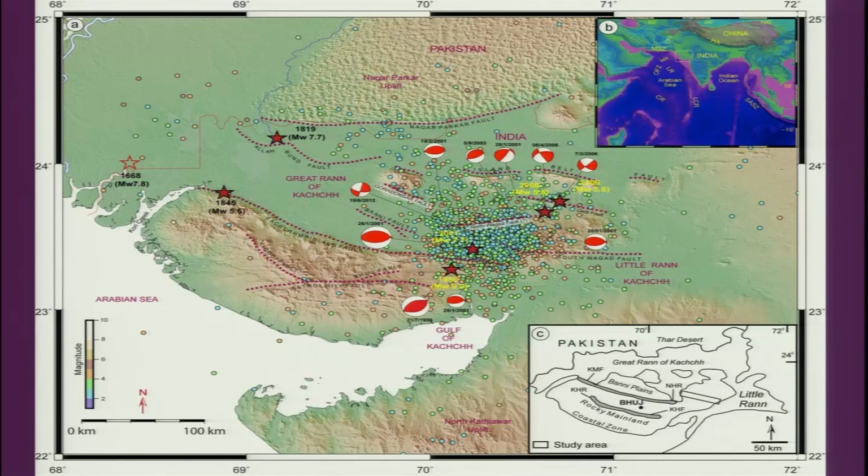Some scientific groups consider that earthquake an aftershock, but that could be a result of triggered stress on another fault or on the same fault which was left out. That is, the stress which was left out might have triggered another earthquake in that region. So sometimes because of a large earthquake, another large earthquake could be triggered in the nearby area.